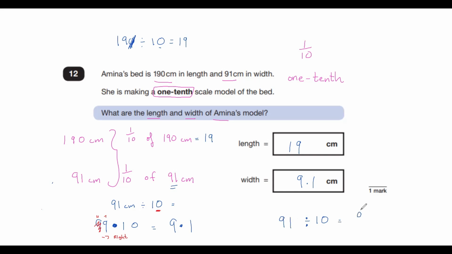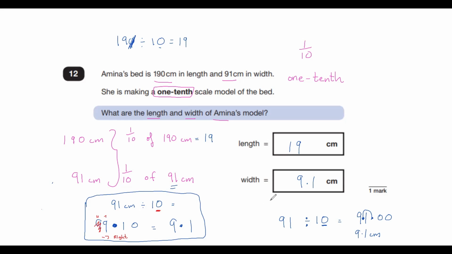Well, if I look at 91, decimal point 00, a different way is to get my decimal point and move it 1 place, because there's 1 0 here, to my left, so my number is getting smaller. So my answer will be 9.1 centimeters. Now, this is the correct way to teach it.